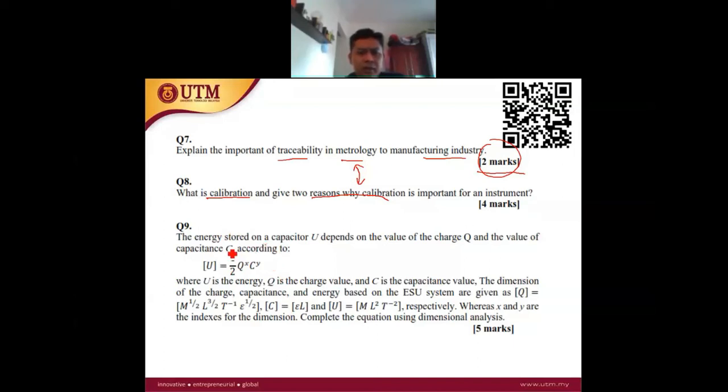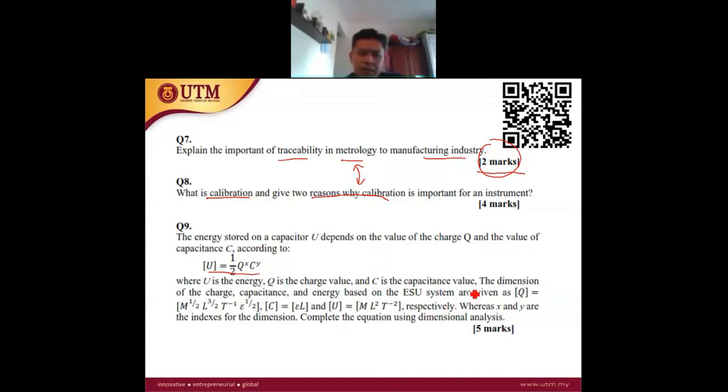dimension. The question: energy on a capacitor depends on the value of the charge and the value of capacitance according to U equals Q squared over 2C, where U is the energy, Q is the charge value and C is the capacitance value. The dimensions of the charge, capacitance, and energy based on the ESU system are given.